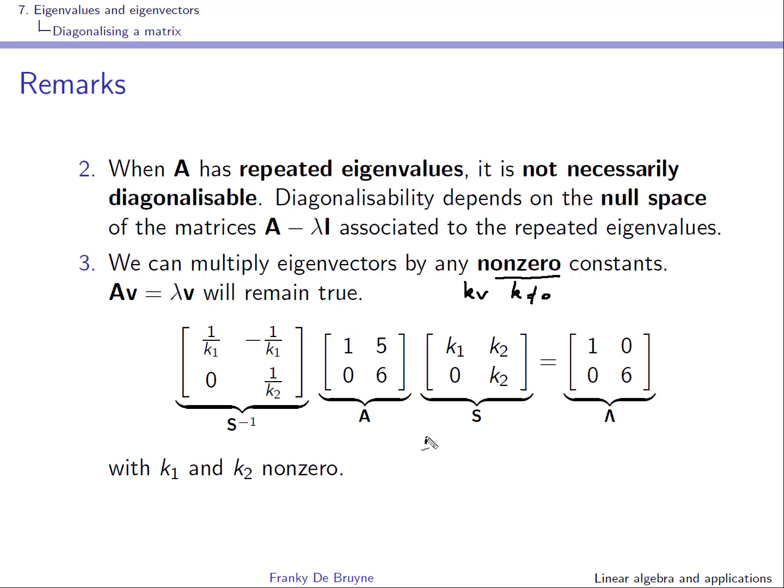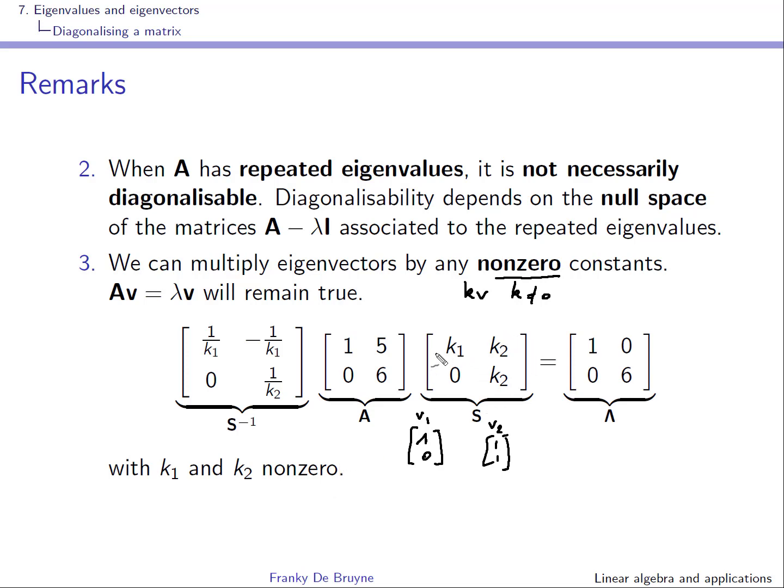We had an eigenvector (1, 0), and this is v1, and v2 was equal to (1, 1). Okay, so what we have done over here, we have multiplied the first eigenvector by k1, different from 0, and the second one by k2, different from 0.